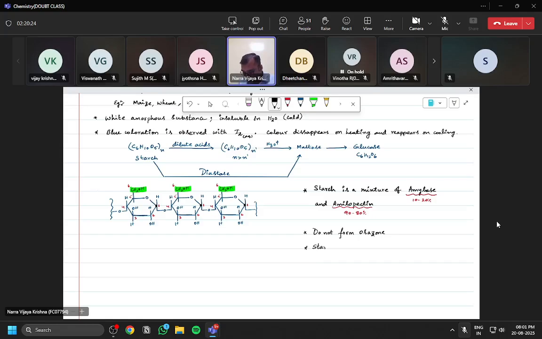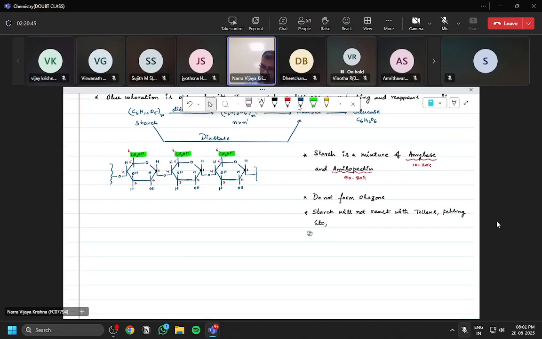Therefore, starch will not show a positive test with Tollens, Fehling, Benedict, and so on. Right?